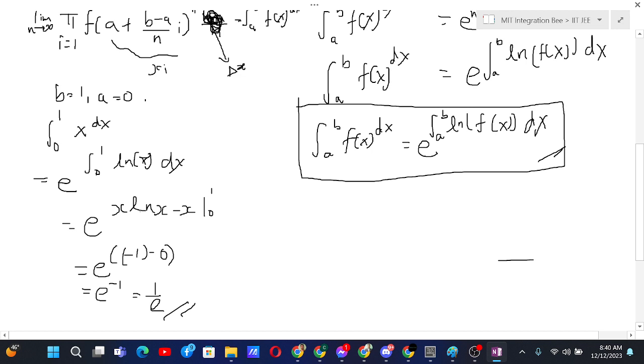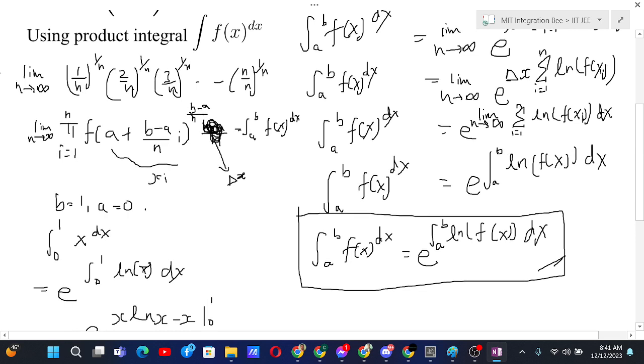Note that this was actually the same as directly taking log on both sides and then using a Riemann sum. But we can also show it as a product integral and then do it, and this can be an efficient tool too if the product integrals are common and well known. If we directly knew the formula for the product integral, it could have been a lot shorter.